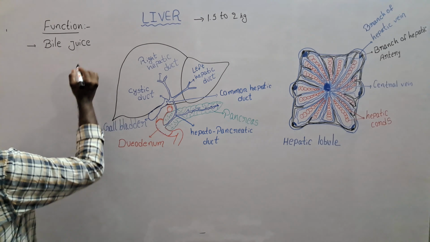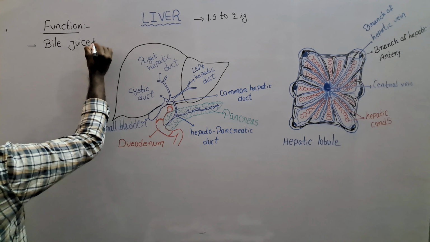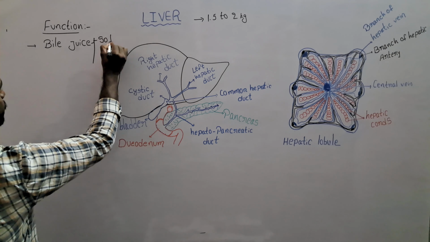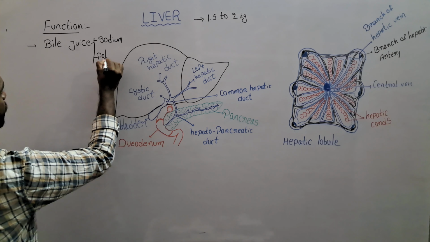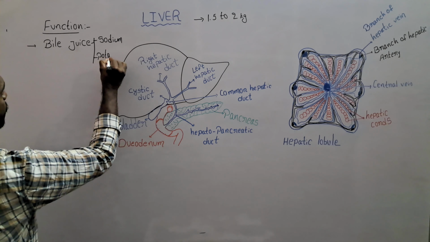It contains sodium, potassium, and bile pigments. Here, the bile pigments are bilirubin and biliverdin.